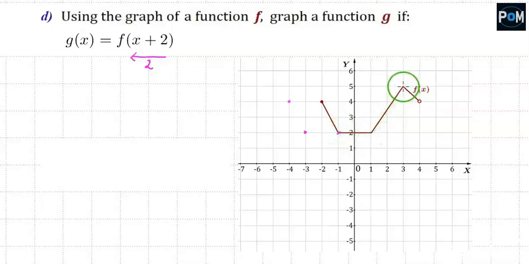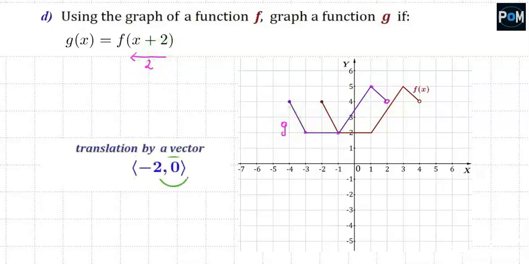The next point where our graph turns is this one. We move it 2 units to the left. And the last point 2 units to the left. Also an open point to finish off. That's how it would look. Now we need to connect these points in order. We get such a graph, and this is the graph of the function g. This time we shifted the graph 2 units to the left.